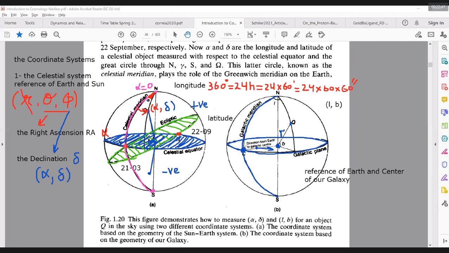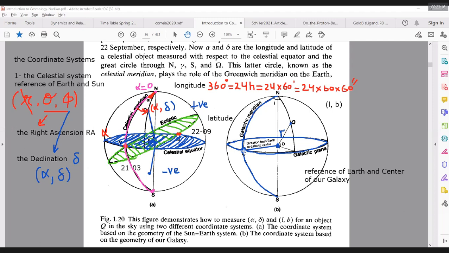So this line of sight of the Earth joining the center is striking the sphere at the point C. The direction from center to the Earth.